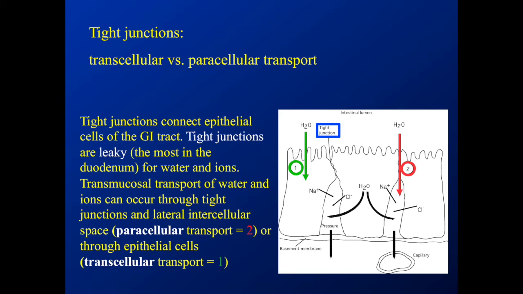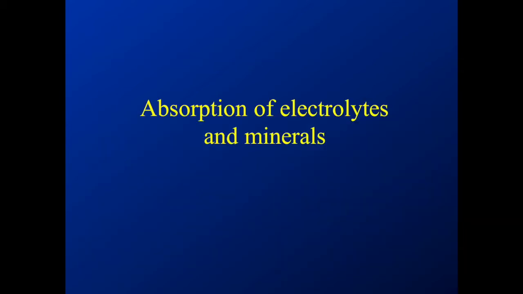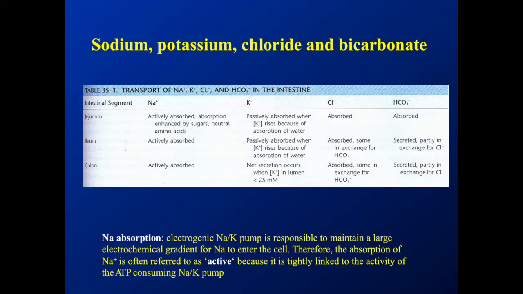And so you can get a transcellular transport, which is what I talked about in the earlier slide, but also you can have paracellular transport, which is through the tight junctions and into these intercellular spaces. And this is important in the colon for concentrating the feces and removing a lot of the water out of it. Onto absorption of electrolytes and minerals.